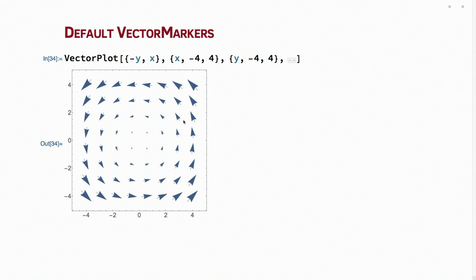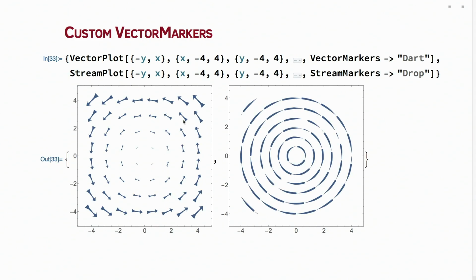And vector markers and stream markers allow you to control, in I think a very nice way, what those arrows look like, what the shape of the arrows are, and how they're positioned. So we have a lot of named marker shapes.